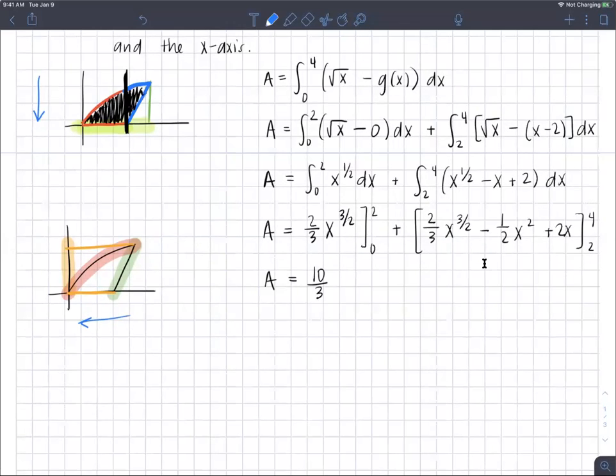To remember it, think of subtraction in that direction: I want a positive number, because this is area. If I did bottom minus top, I'd get a negative value for my area, and that's not what I want.